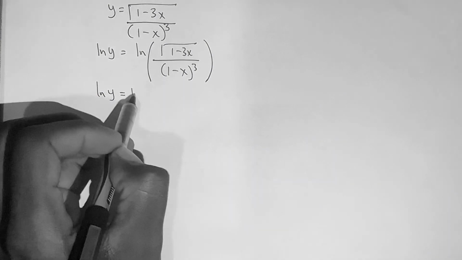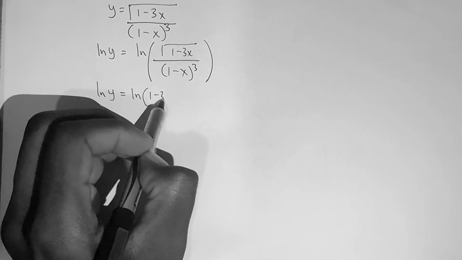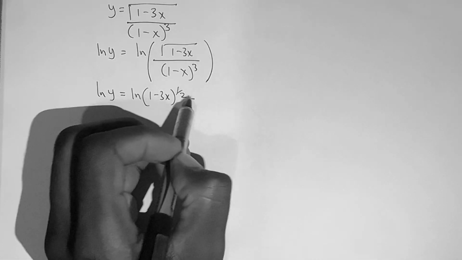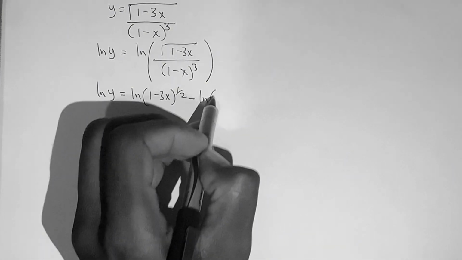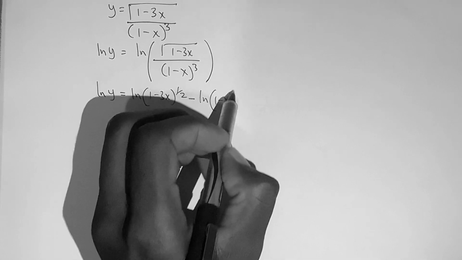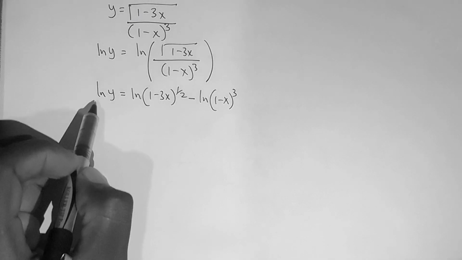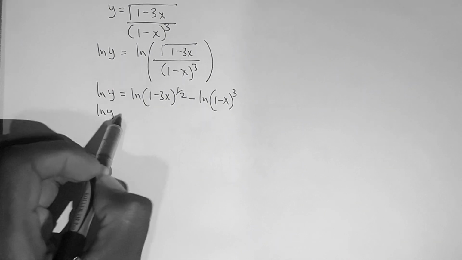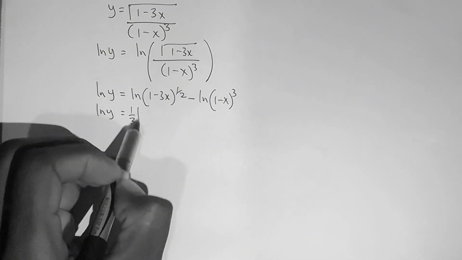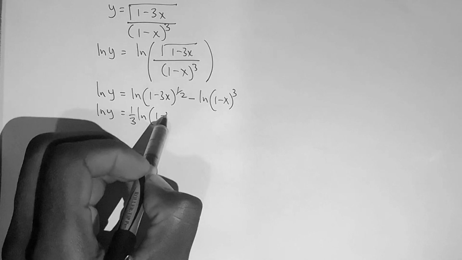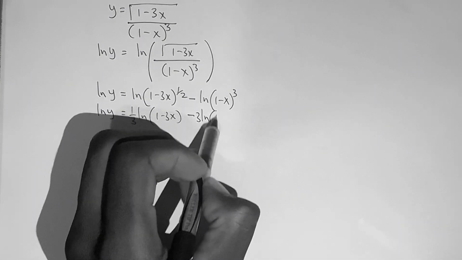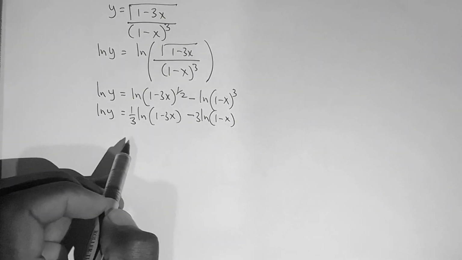So this becomes ln into bracket 1 minus 3x exponent 1 over 2, then minus ln into bracket 1 minus x exponent 3. So now this becomes ln y equals 1 over 2 ln into bracket 1 minus 3x, then minus 3 ln 1 minus x.